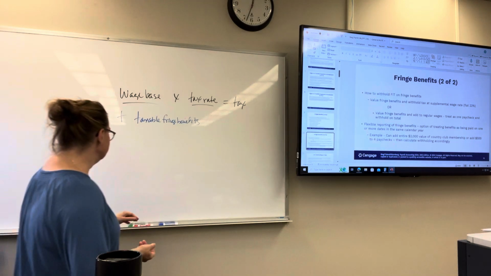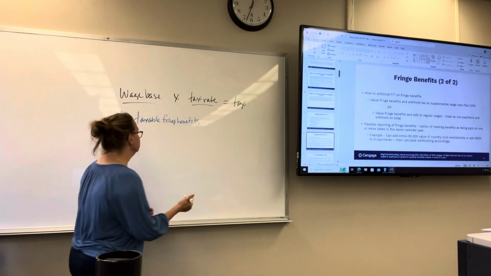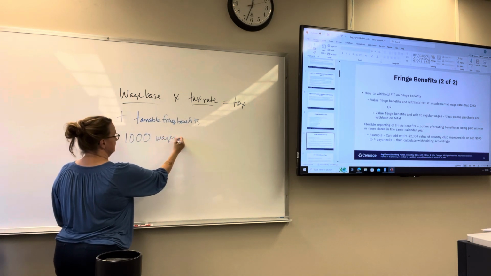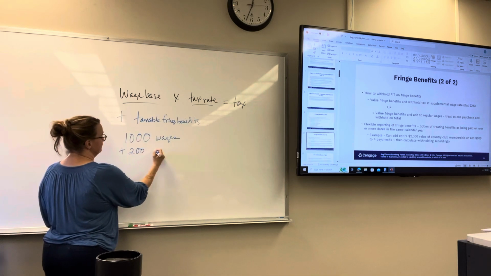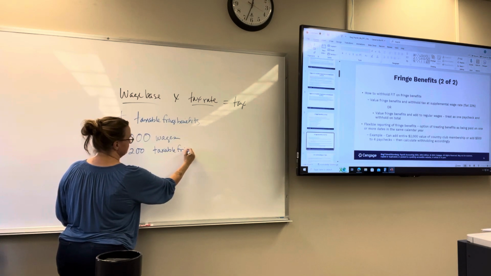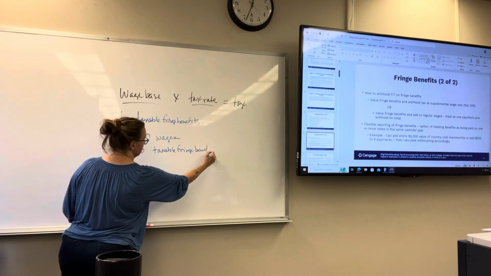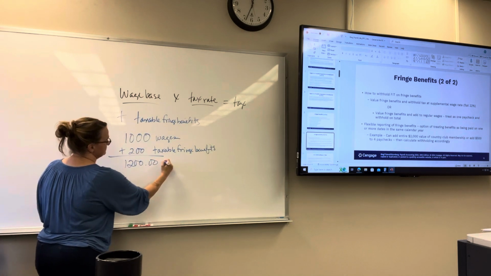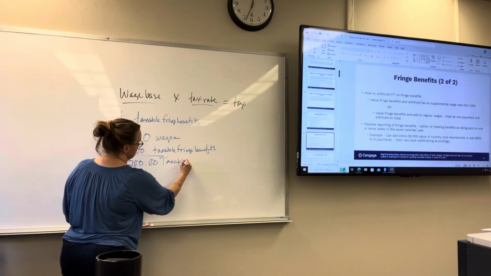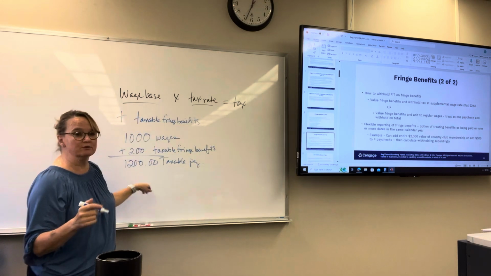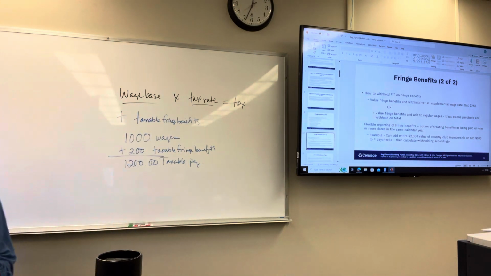So for example, if we've got a paycheck with $1,000 of wages, and then we have $200 of taxable fringe benefits, now our taxable pay, or our wage base, is the full $1,200, and then we'll just use our normal methods of withholding, which we will go through in this chapter.